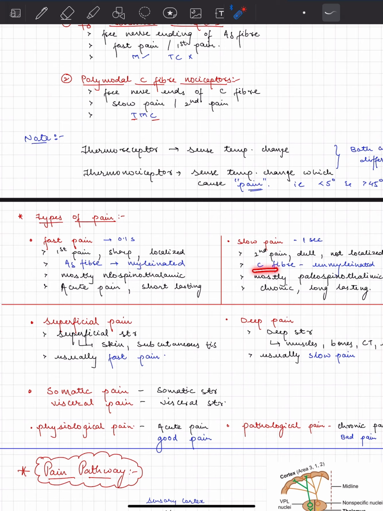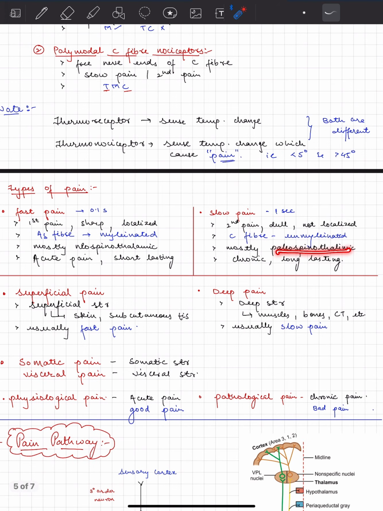C fiber, unmyelinated, will conduct slow pain. A delta fiber is a part of the neospinothalamic tract. We will learn how pain travels through the neospinothalamic and paleo-spinothalamic tracts. Slow pain travels by the paleo-spinothalamic tract. Fast pain has fast conduction velocity, that is acute pain, short-lasting. Slow pain has slow conduction velocity, chronic pain, long-lasting pain.